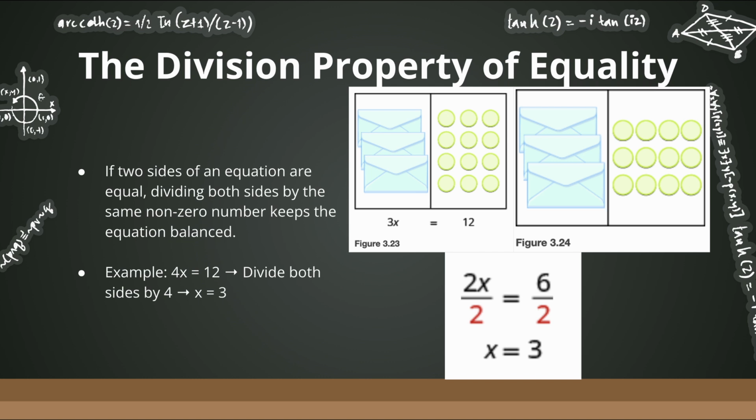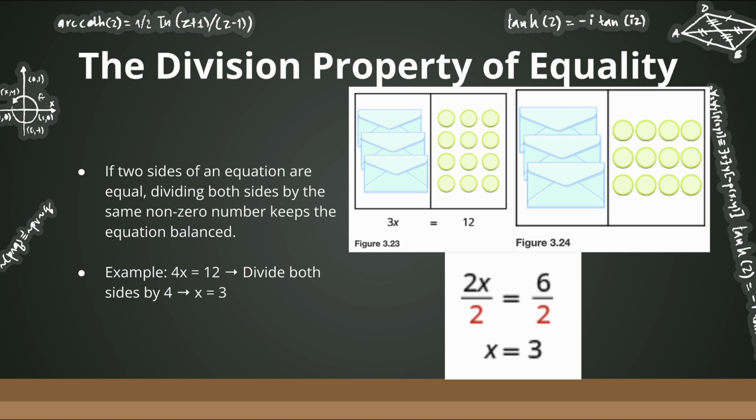Imagine you have a balanced scale. If you divide the weight on both sides equally, the scale remains balanced, right? Equations are just like that scale, and this property lets us work with equations while preserving their equality.